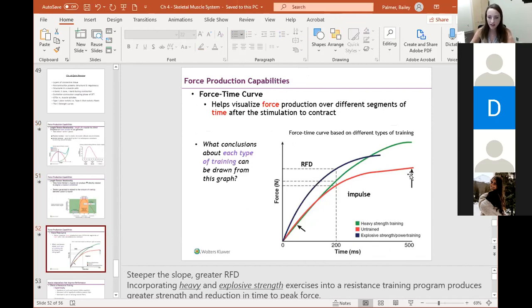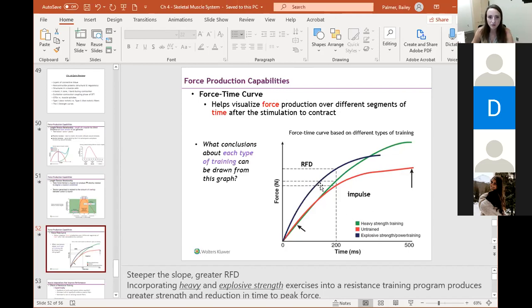The red line is those who don't really have any training. They're able to produce some force, but it takes them a while, and they can't produce force very quickly. We look at the heavy strength trained person. They're able to produce a lot of force, but again, they aren't able to produce that force very fast.